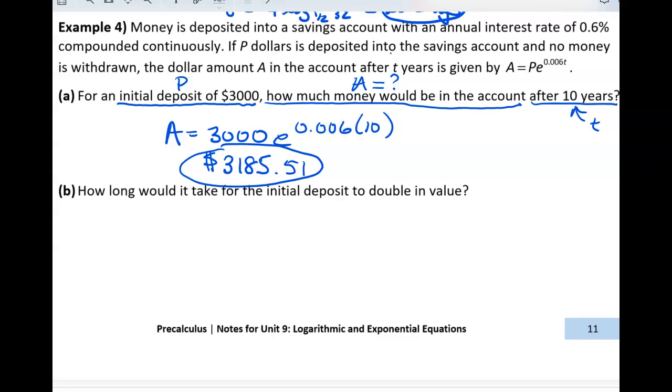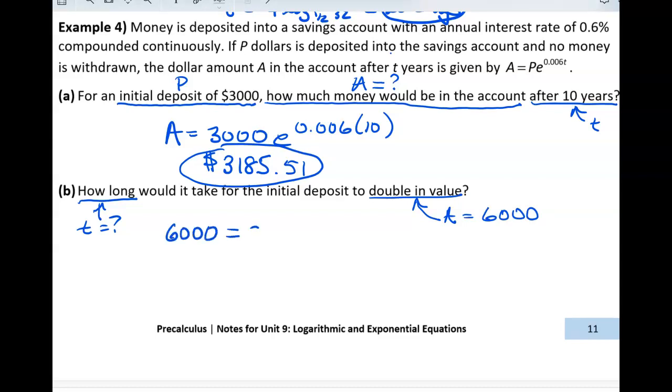All right, in B, it asks us how long it takes for that money in the account to double in value. So how long means we're looking for the value of T. And our initial deposit is doubling in value. So that means that A, the amount in the account, will now be 6,000.